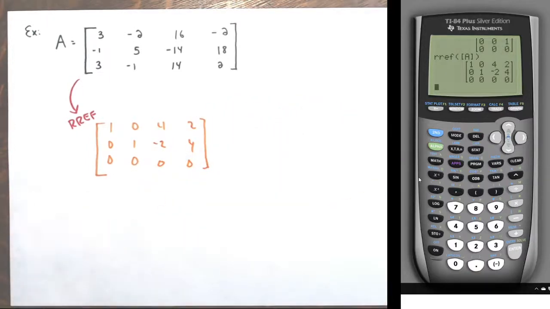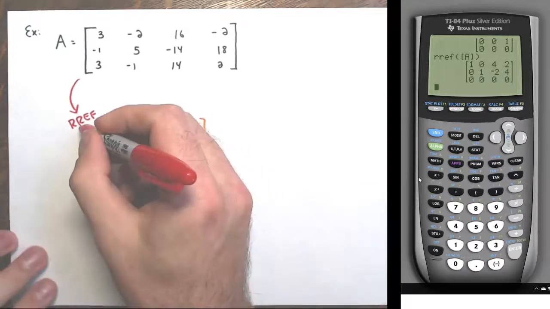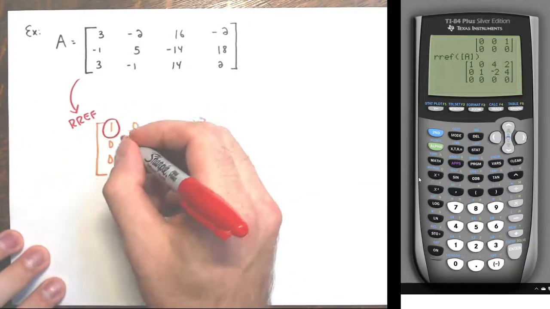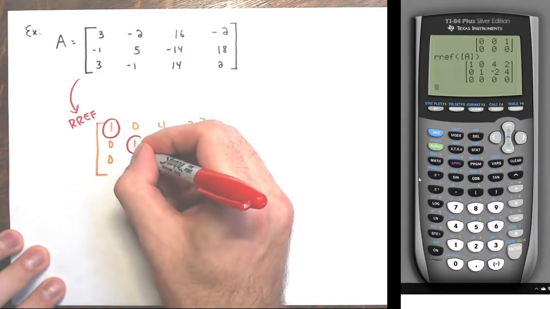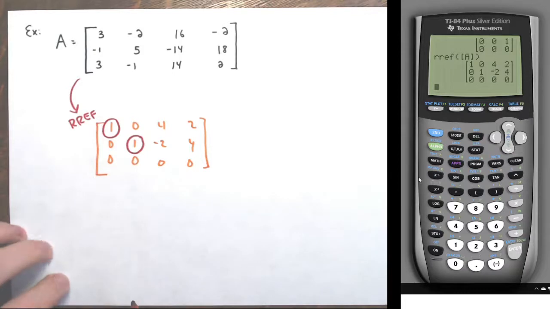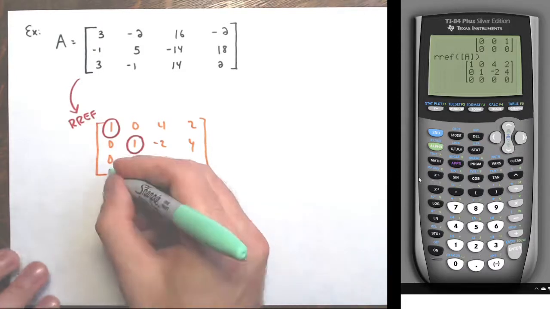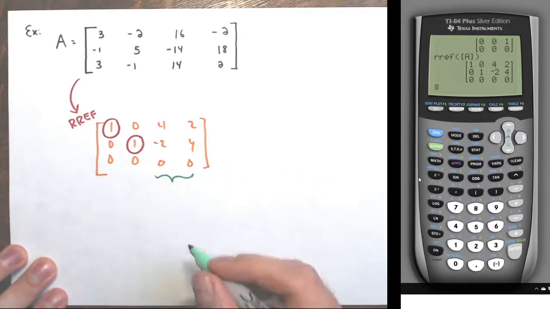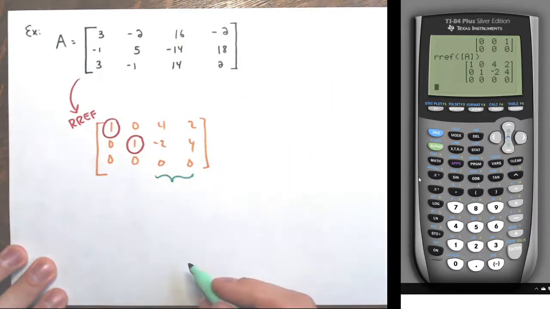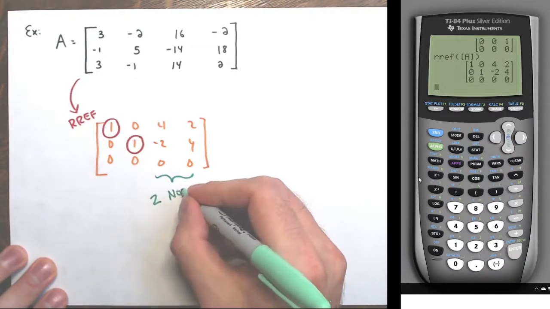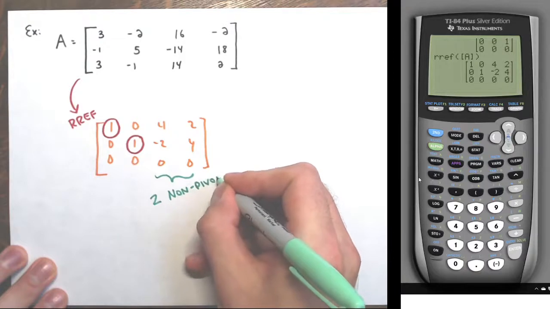Where are my pivots? The first row, the first non-zero entry is there. Second row, the first non-zero entry is there, and no pivot in the third row. So when I reduce this matrix to reduced echelon form, there are now 2 non-pivot columns.